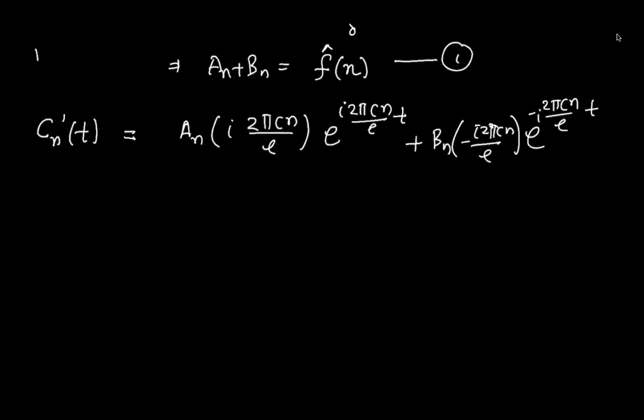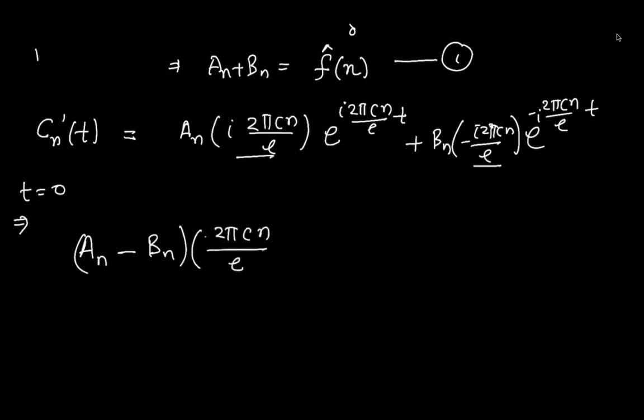And now I plug in t equal to 0. So this is going to give me a_n minus b_n, because this is common, 2 pi c n over L, then there is an i here, and this is going to give you c_n prime at 0.